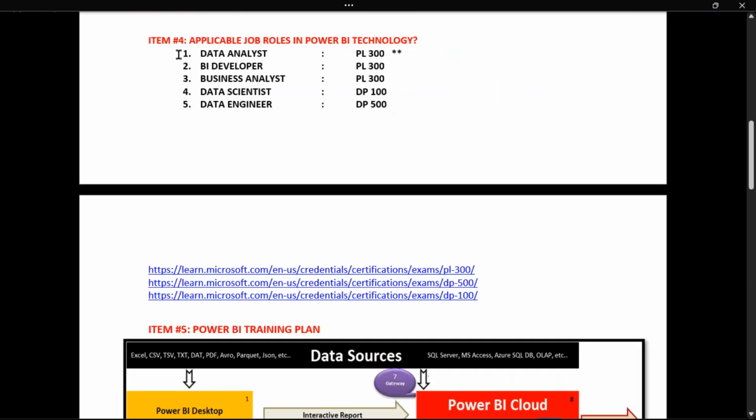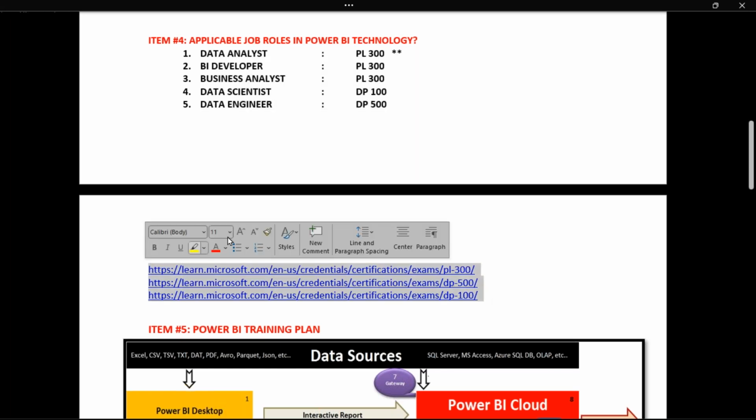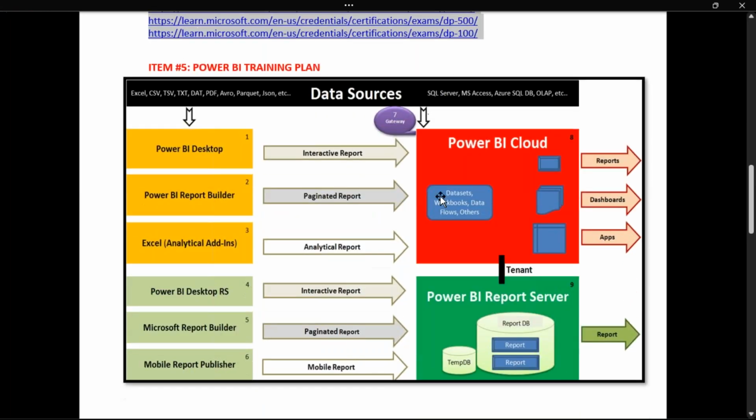So from these classes, you can easily apply for any of these job roles: data analyst, which needs Python additionally, BI developer, business analyst, data scientist, and data engineer. 3 certifications are mentioned here, with links from the Microsoft site.